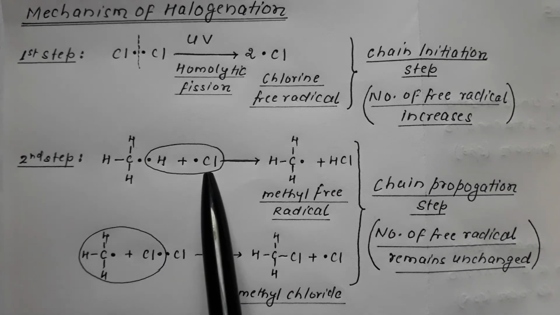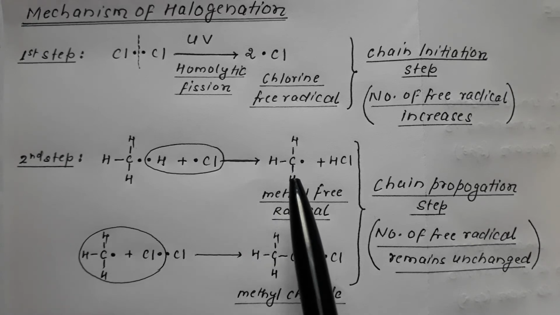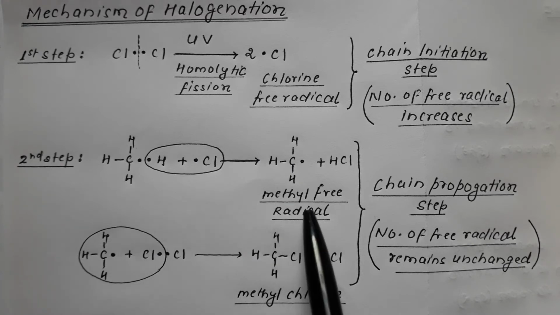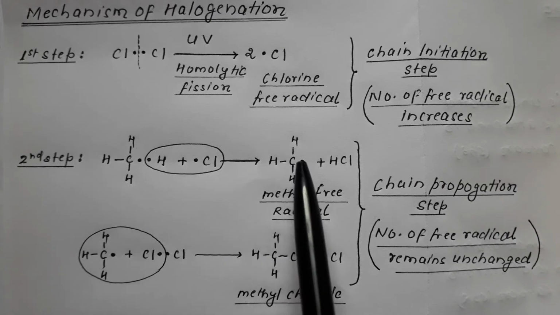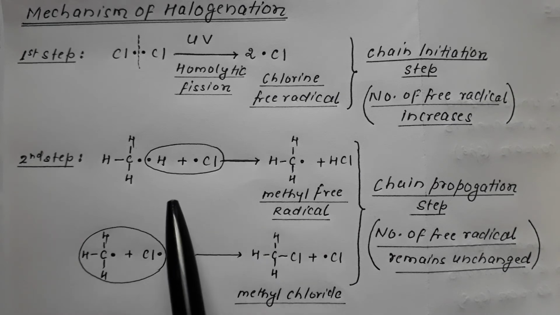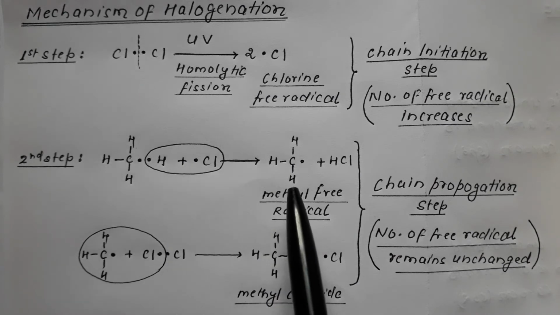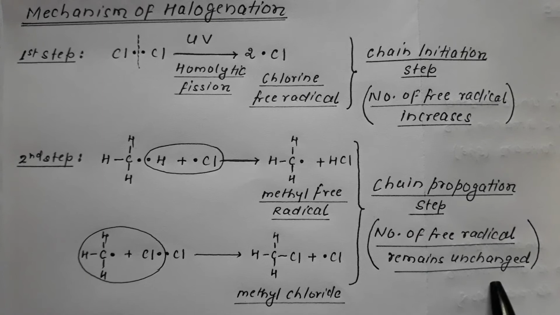On the product side again there is one free radical, but now it is methyl free radical. So chlorine free radical has formed the methyl free radical, but on both sides the number of free radicals is the same, 1 and 1. That is, the number of free radicals remains unchanged.